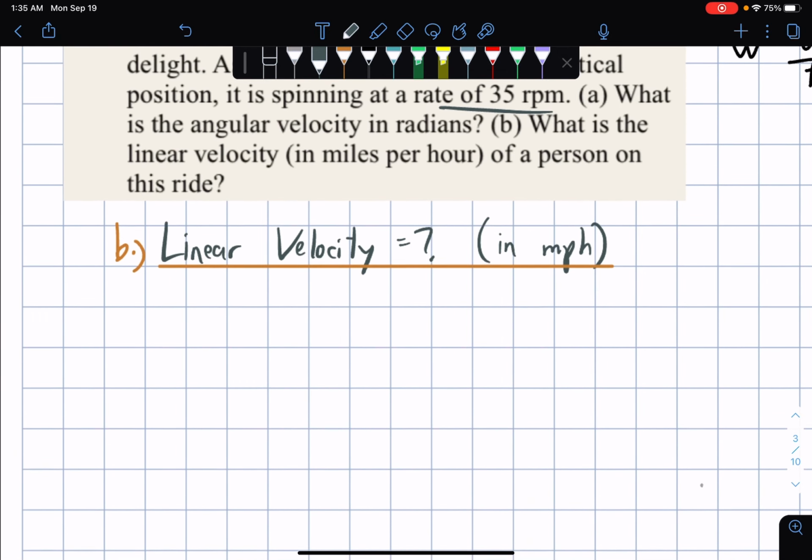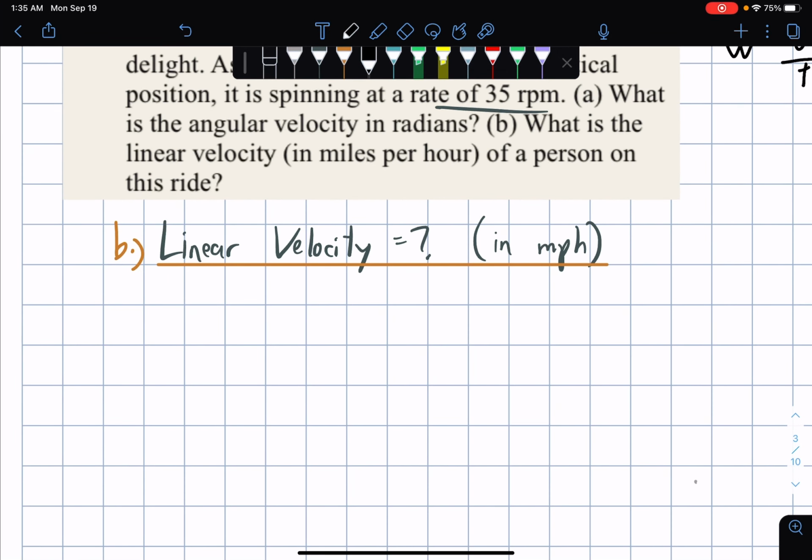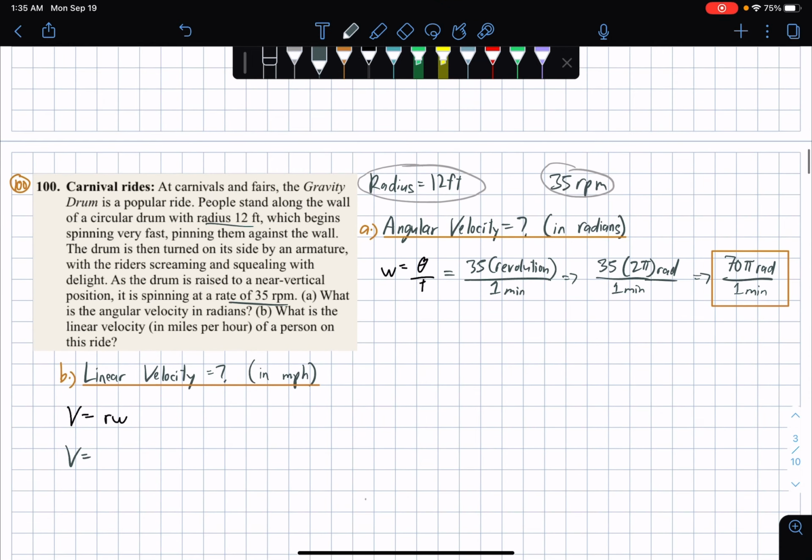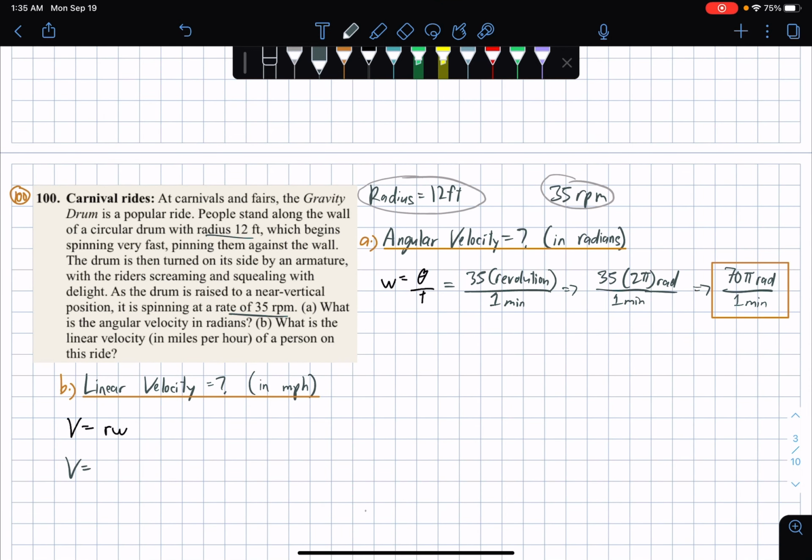So for linear velocity, we need to have it in miles per hour. So velocity is equal to RW. Velocity is equal to, what's our radius? 12 feet. So 12 times W, the angular velocity.